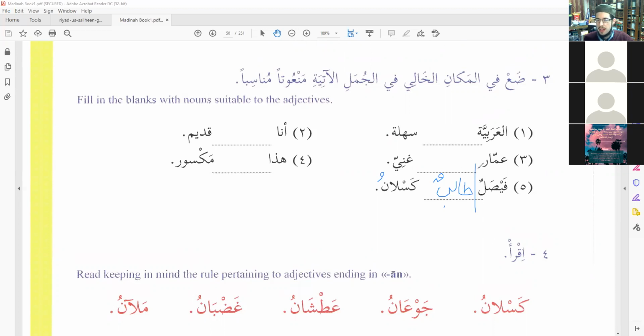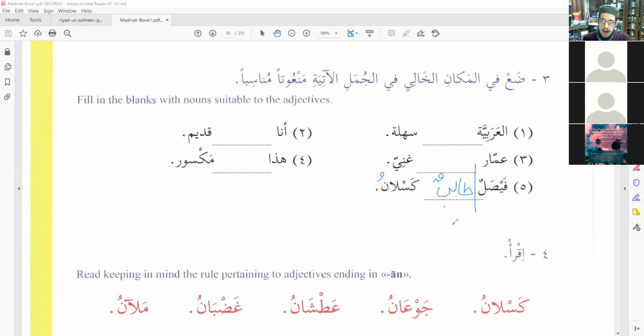If we're drawing our line here, Faisalun is the name of a boy, or the name of a man. So talibu, without tanween, how could it not have tanween? It's nakira, it's khabar.